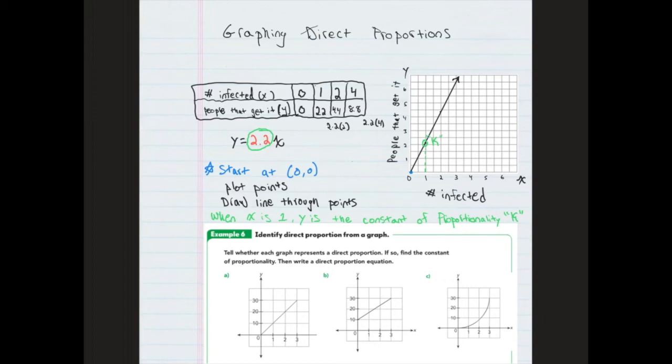All those ratios are the same. That's why this makes a straight line, because that ratio doesn't go up or down. It doesn't make this line bend. So in order for a graph to be a direct proportion graph, it's also going to be a straight line.